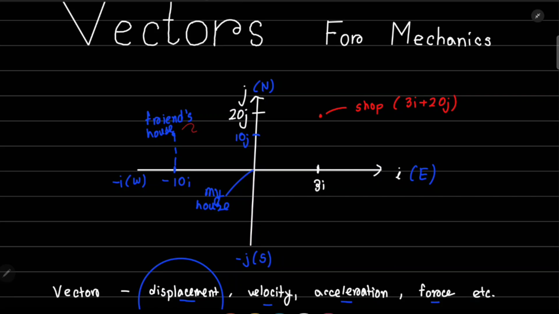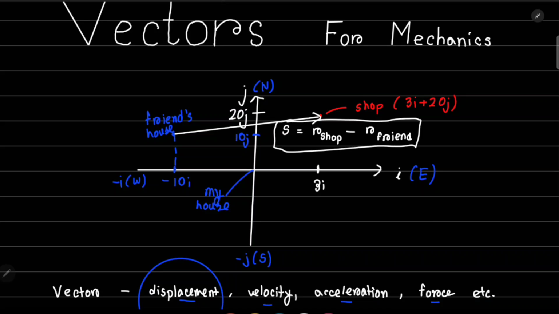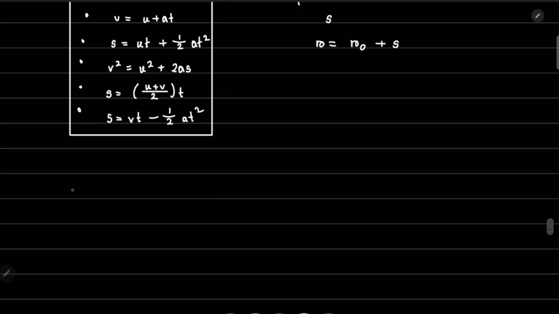I can find the displacement from my friend's house to the shop as well. So this vector over here is the displacement vector from my friend's house to the shop. I can find this by subtracting my friend's position from the shop's position. So basically, if I want to find the displacement from A to B, I'll subtract the position of A from the position of B.